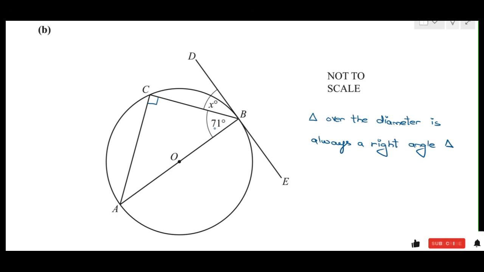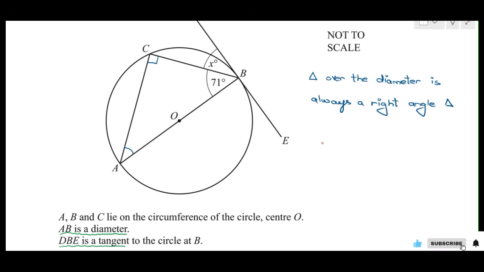Now this angle is 71 degrees. This angle is a right angle. We need to figure out this angle A by using the fact that the sum of all angles of a triangle adds up to 180, right? Sum of all angles of a triangle add up to 180. So here angle B is 71 degrees, angle C is 90 degrees. Their sum with angle A should be equal to 180 degrees.